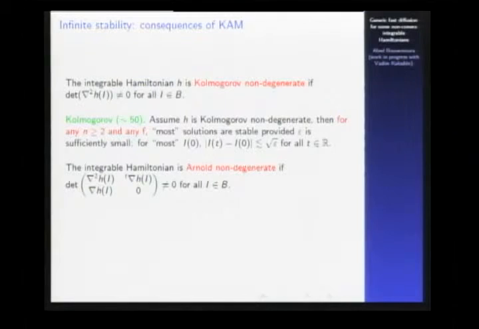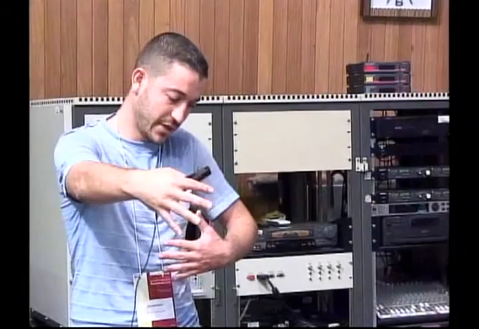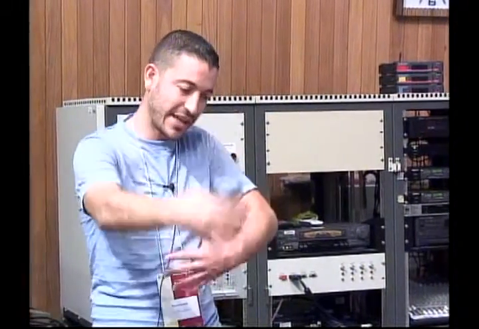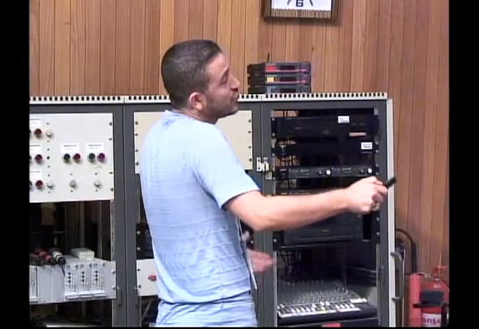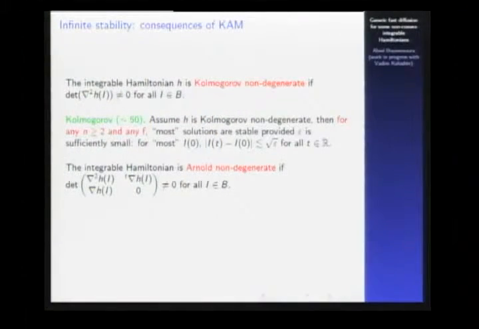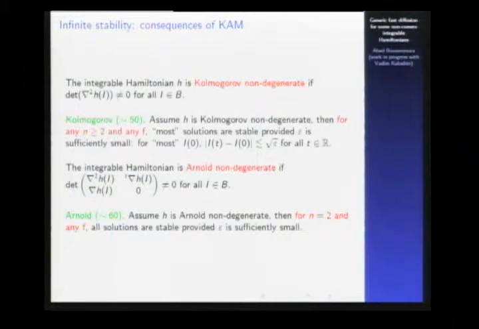So if you assume that this determinant is non-zero at any point, then you also have preservation of invariant tori, but slightly different from the result of Kolmogorov, because with these assumptions you can prove that this family of invariant tori lies inside the same energy level. This is called isoenergetically non-degenerate.